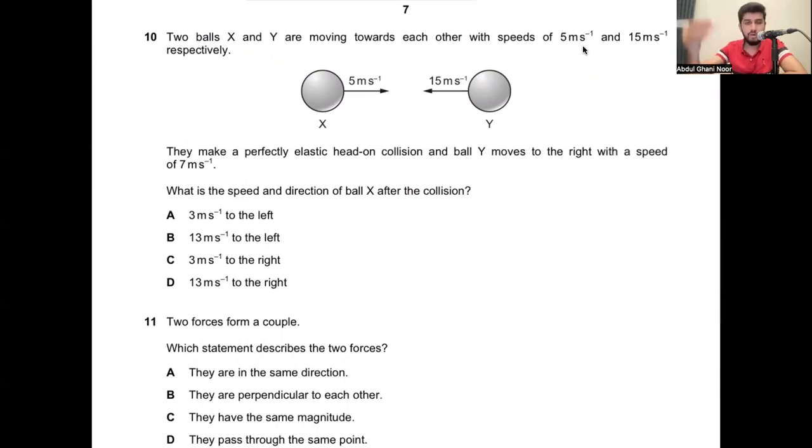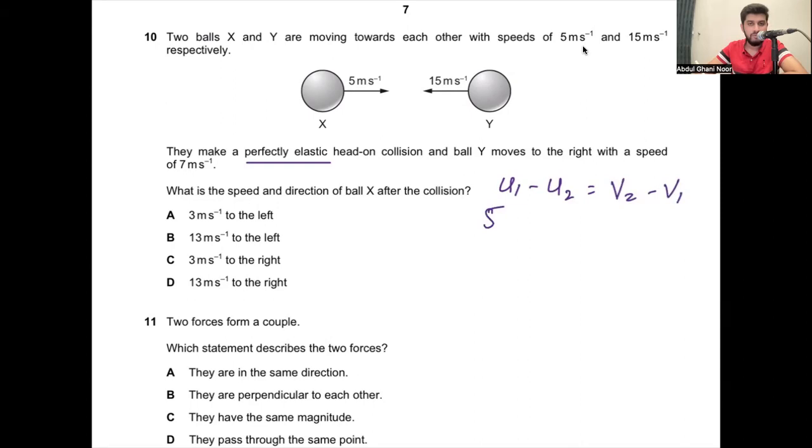So I don't know their masses, but I do know that it's a perfectly elastic collision. So for an elastic collision, I can use the equation: relative velocity of approach is equal to relative velocity of separation. U1 minus U2 is equal to V2 minus V1.